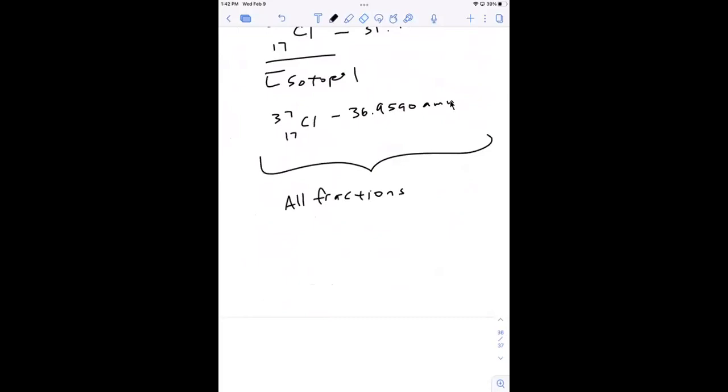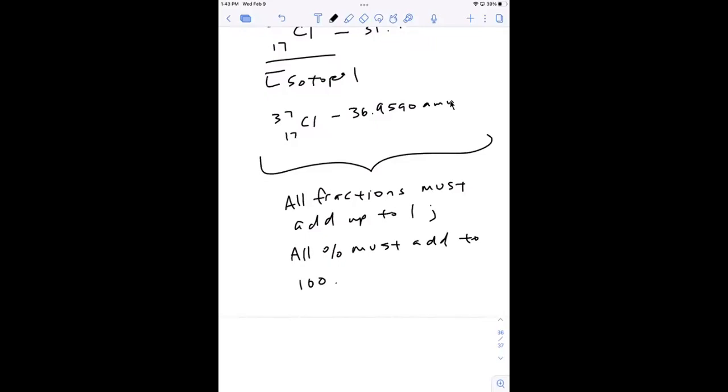If it's a fraction, it must add to 1. If it's a percentage, it has to be 100. And that's going to be the strategy for solving this problem.